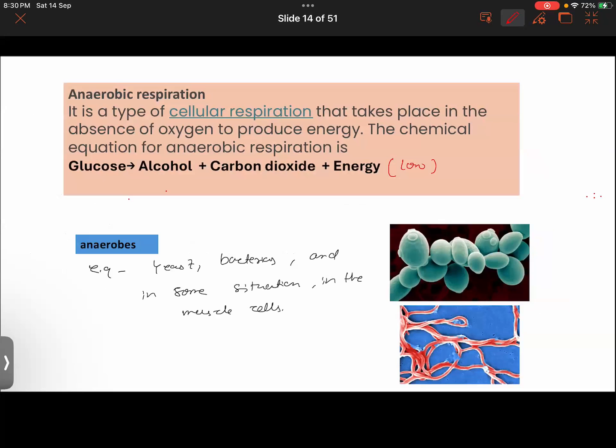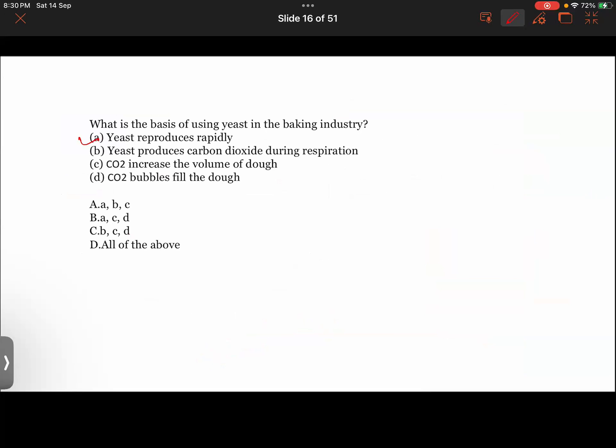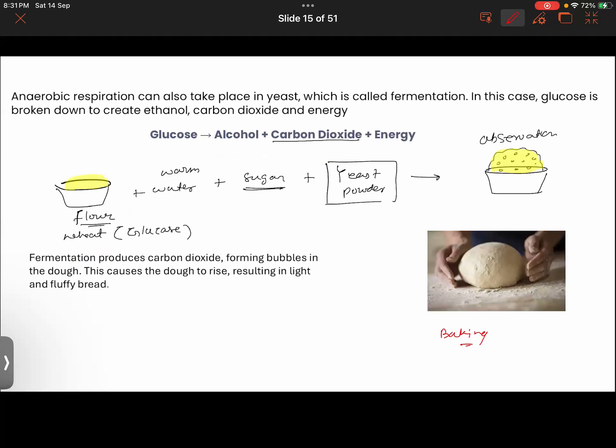Like this, a single yeast will multiply like this, so it reproduces rapidly as well. It produces carbon dioxide during respiration, and carbon dioxide increases the volume of the dough, and these bubbles are filled inside the dough. That is why the size of the dough rises, and hence it is used in the baking industry. So all of the given options are correct.